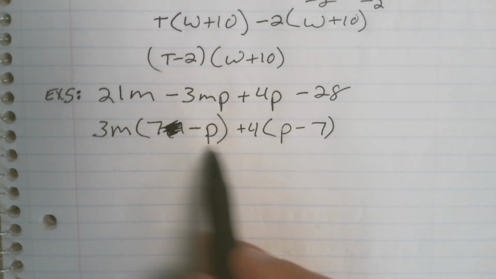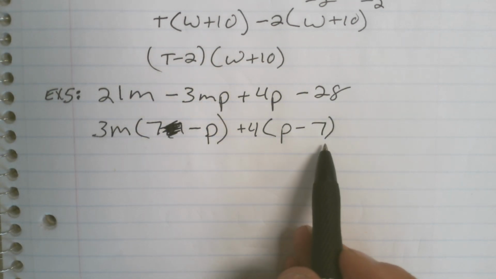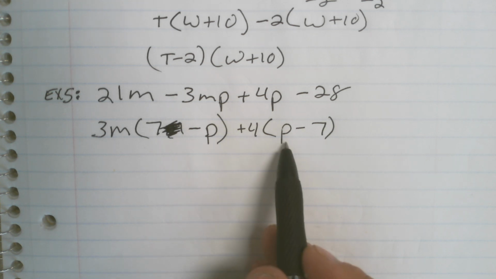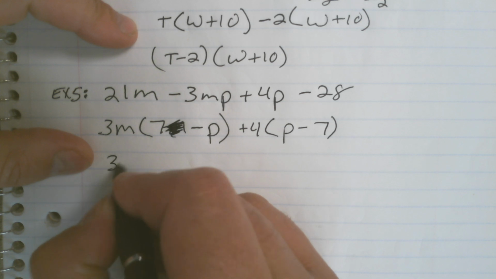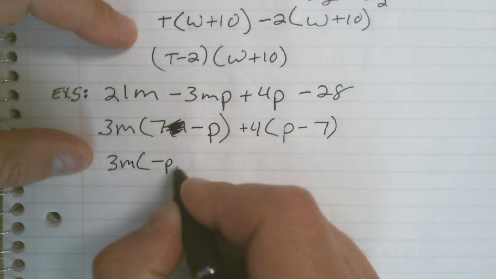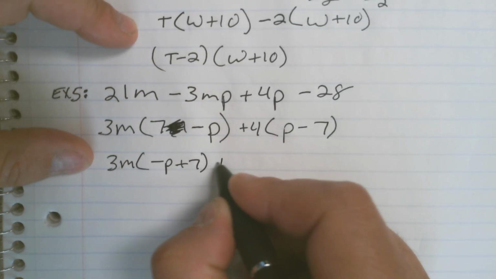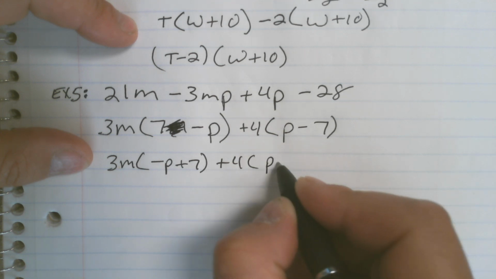Is 7 minus p the same as p minus 7? So what do we have to do? Pop it. But the problem is, if I was to switch the order, right here we would have 3m negative p plus 7, and then we would have p minus 7.